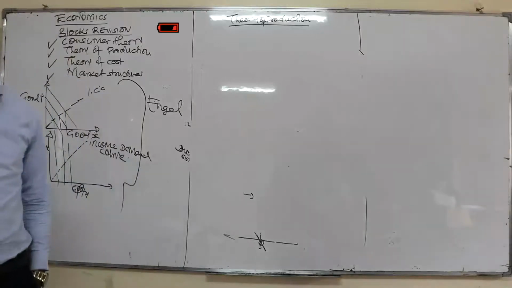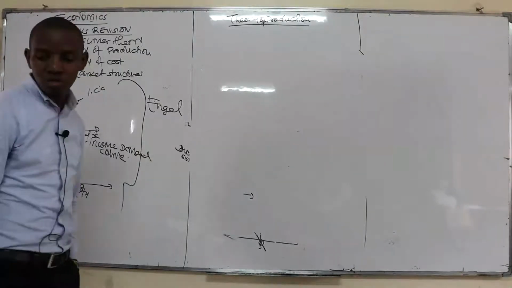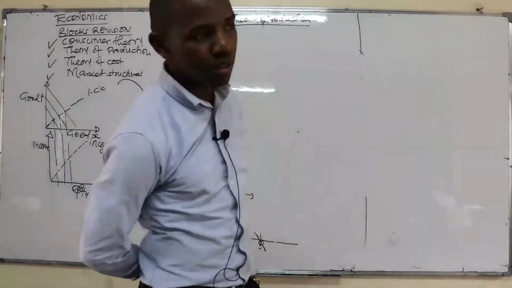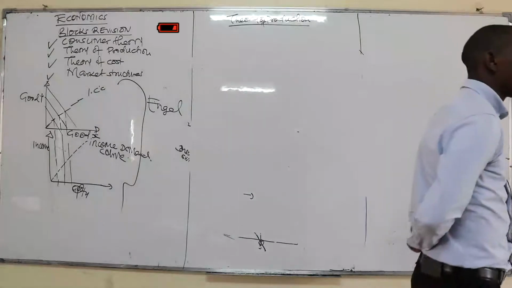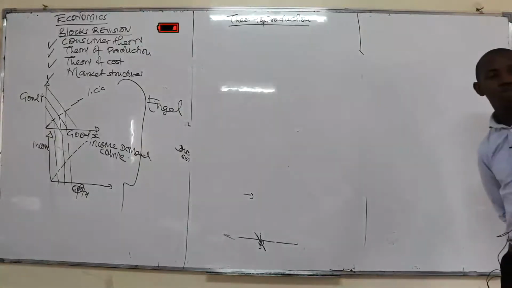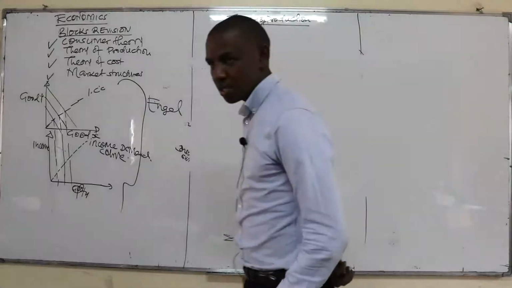return to scale. Firm's expansion path and what we call the law of diminishing return to scale. That is where you should tell me there is what we call the homogeneous and what we call the non-homogeneous. There is where we say that the production is said to be homogeneous, and the other area we say that the production function will be non-homogeneous.